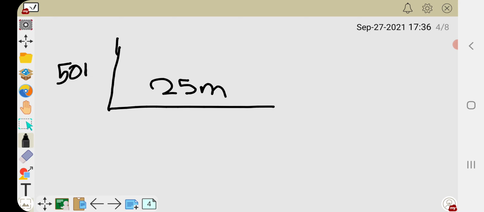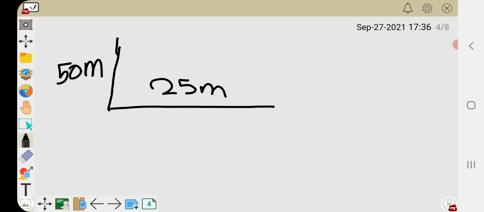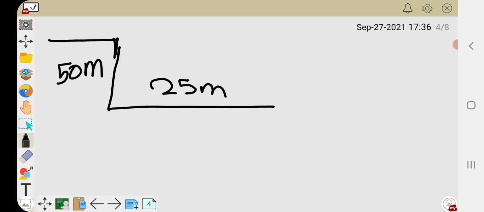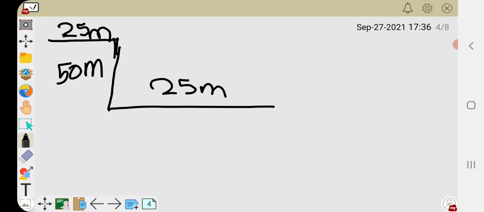So walking 50 meters to right, then he turns towards left and again walks 25 meters. So this is 25 meters. If his house faces to east, what is his direction from starting point? So we have to find direction of man from the starting point.